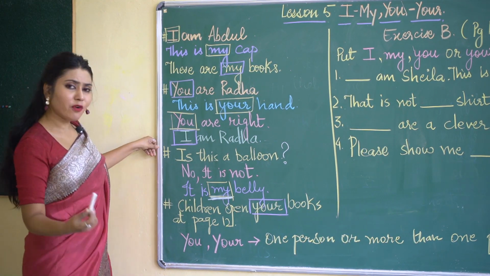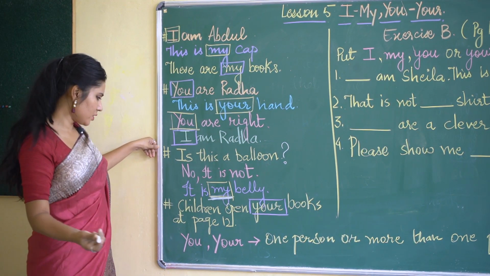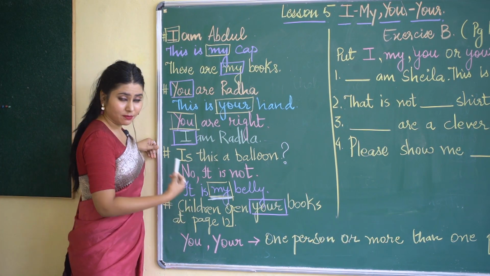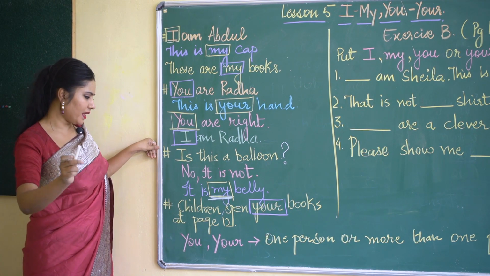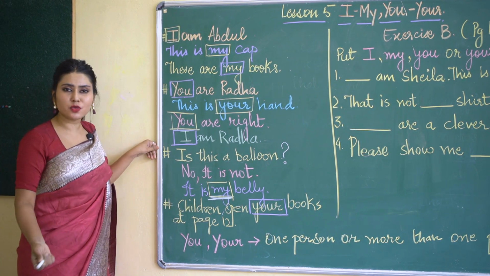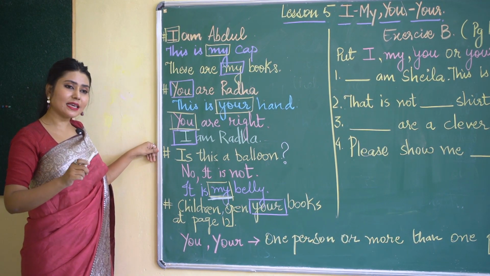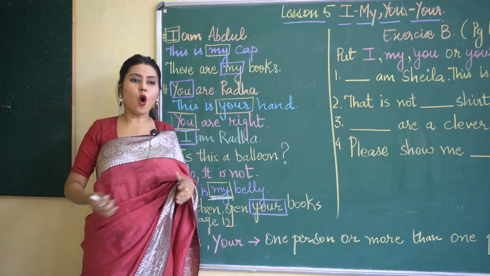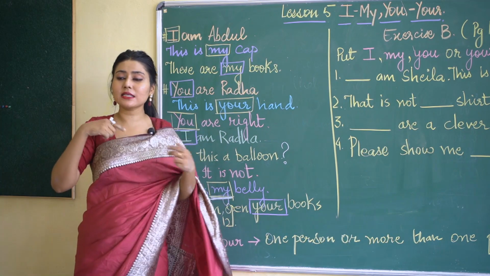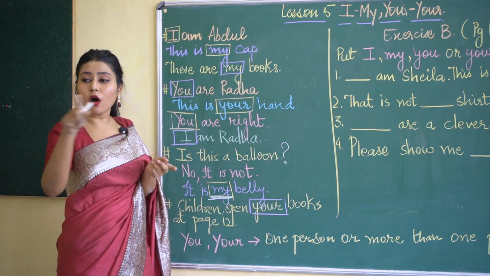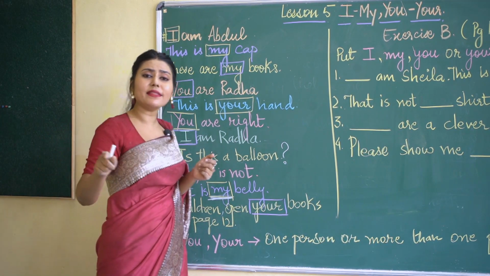Okay? Like for example, if we take children, me being a teacher tells the class, children, open your books at page 12, right? I cannot say, children, open my books to page 12, because I am telling all of the other students to open their books.